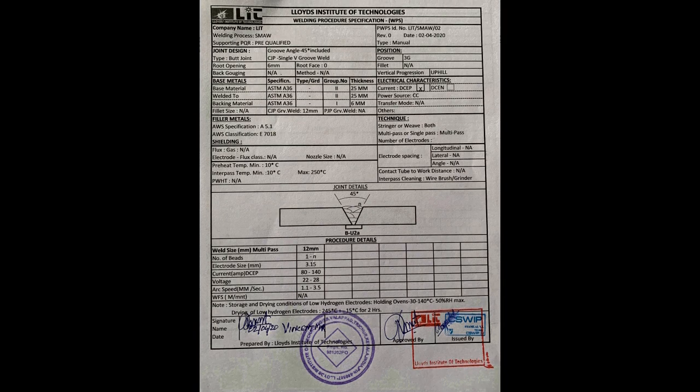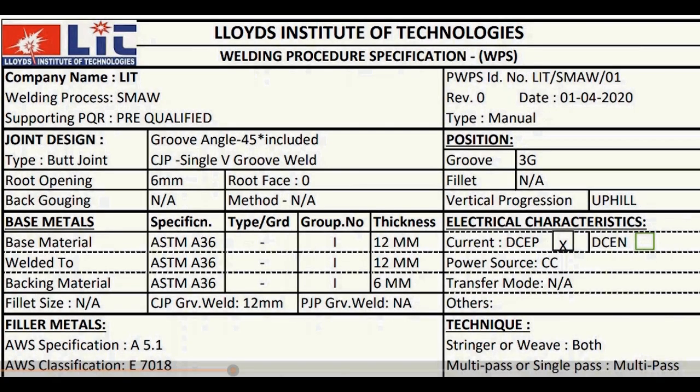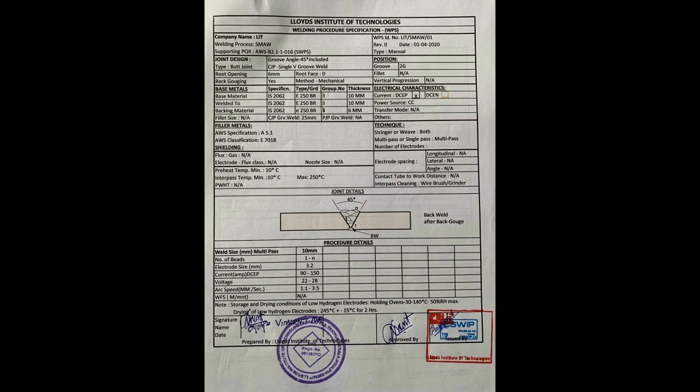Hello, friends. This is the second part of how to write a WPS. Here, I will be explaining and practically showing, from relevant documents and tests, what inputs we have to compile before we write a WPS. Today, we will be discussing a WPS which is meant for a company's day-to-day welding activities.